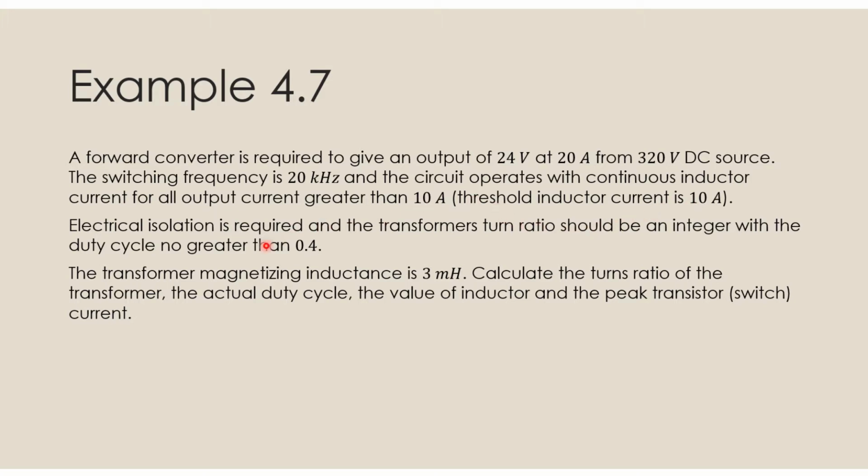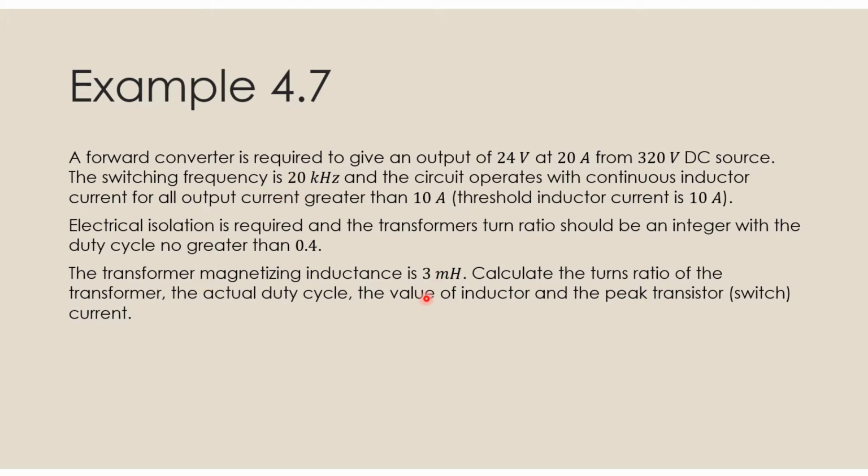Here's the hint: isolation is required, so the transformer turns ratio should be an integer. Also, the duty cycle is no greater than 0.4. So you have to take note of all these hints.